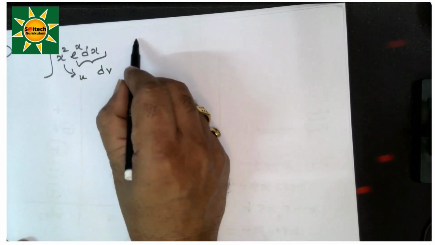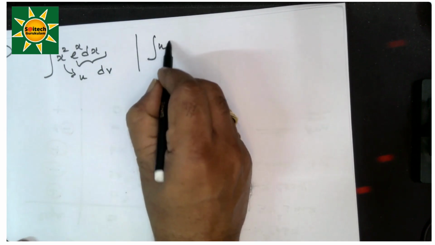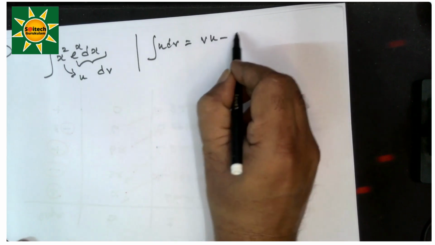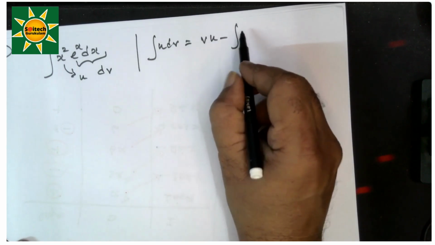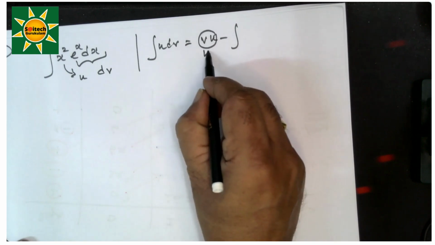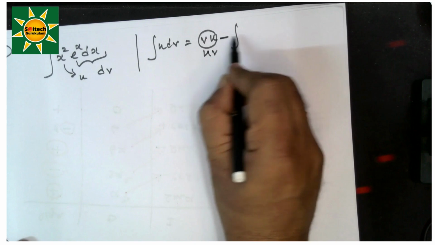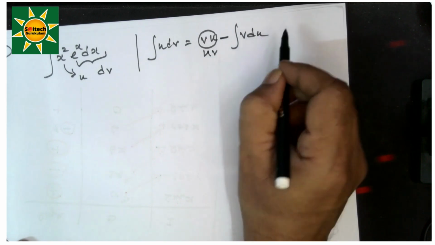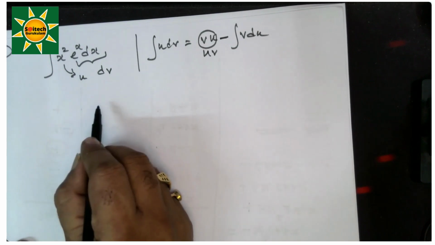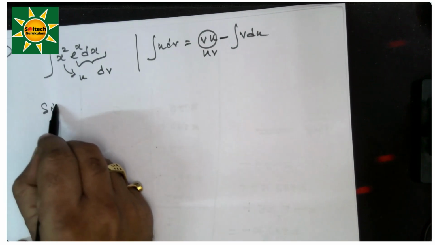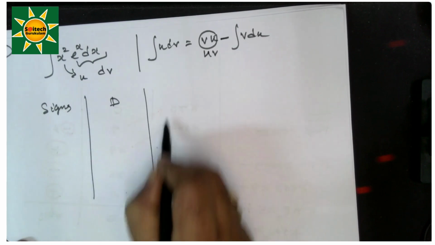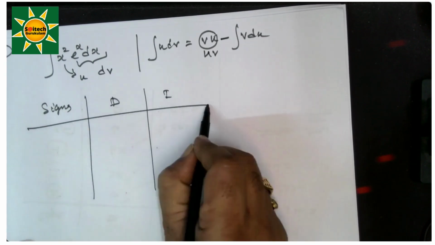Now what is the formula? u dv, that is vu minus integral, you can put either uv or vu, so minus v du. Okay, right. Now let us proceed. Sign, and this is differentiation, and this is integral.